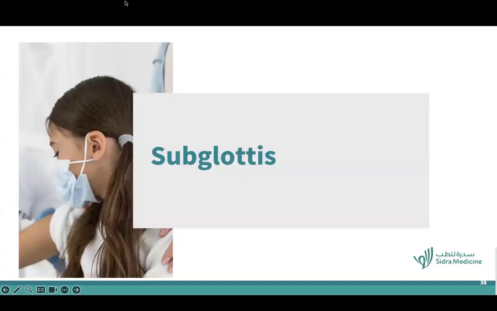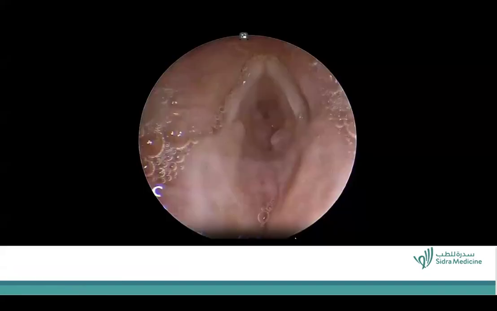Okay, good. Let's now move on to the subglottic area, and this is something that I see way more of compared to the bilateral vocal cord immobility.